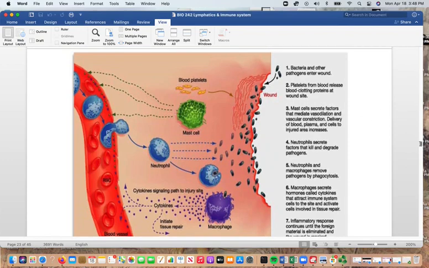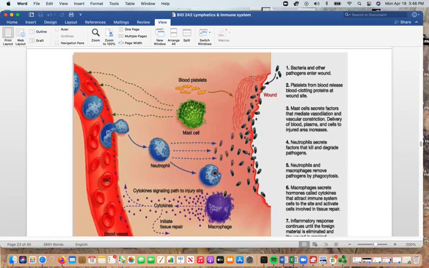So here looking at tissue repair, so you would have the bacteria or pathogens that would enter the wound. Platelets are going to come from the blood and release blood clotting proteins at the site. Mast cells are going to secrete factors that will mediate the vasodilation and vasoconstriction. This is going to get more blood flow in the area.